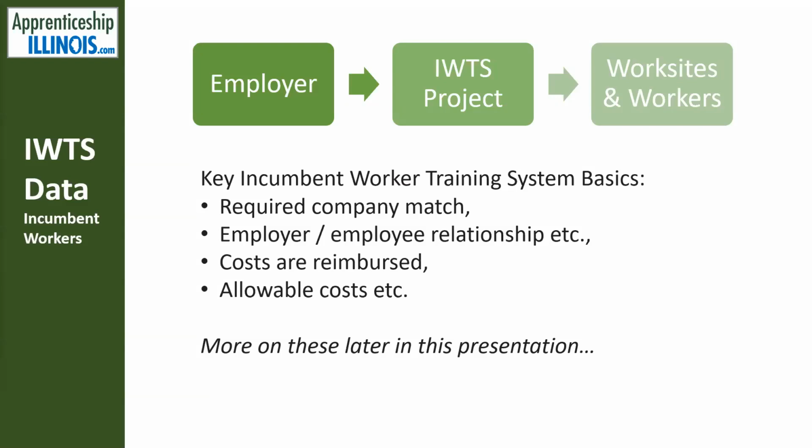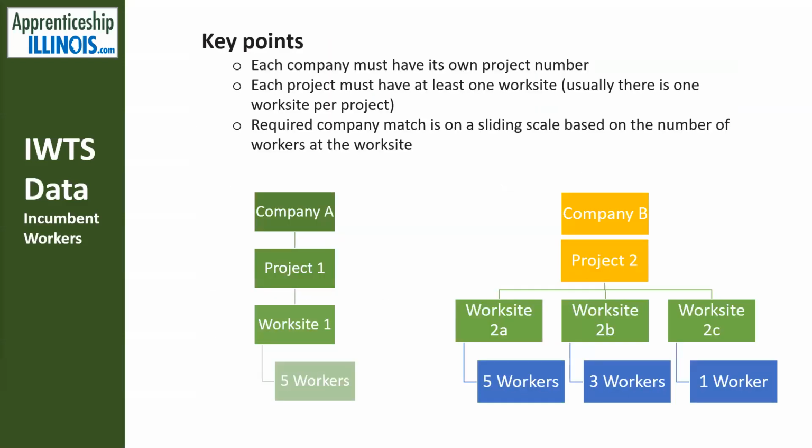The employer and employee relationship is very important. Costs are reimbursed if you are using the actual incumbent worker training system, and then there are allowable costs, etc. For Apprenticeship Illinois, we are working on the numbers to incorporate the numbers into the system.